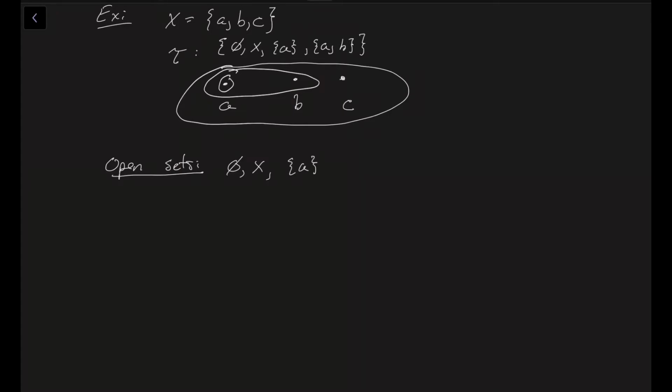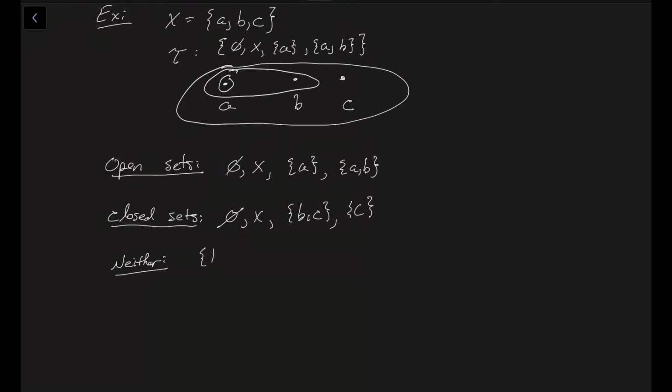But what's important is, what are the open and closed sets? So the open sets are everything that's in tau. So if we just rewrite tau, we have our open sets. So our closed sets then are going to be the complements of these. So the complement of the empty set is the whole set itself, and the complement of the whole set is the empty set.